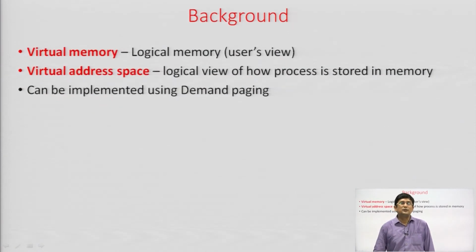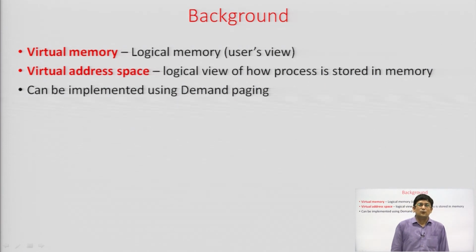Now let us move to virtual memory. What is virtual memory? Virtual memory is actually the user view of the process. The process may be very big, but there may not be a possibility of bringing the entire process into main memory at the same time.